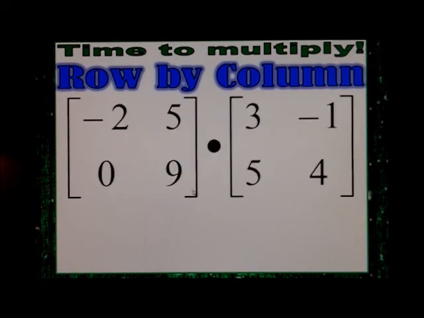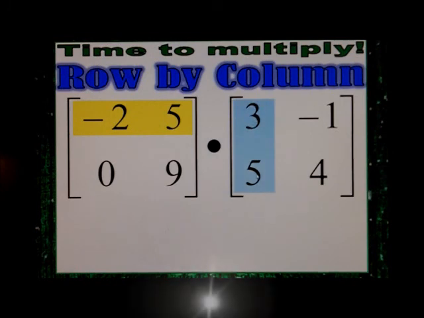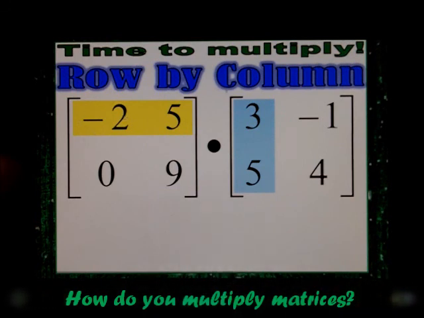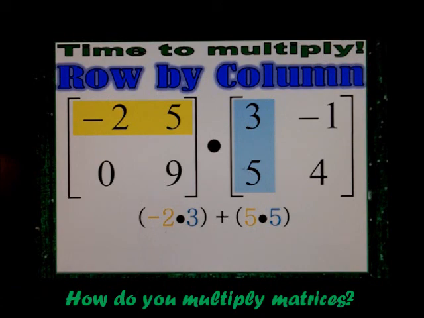Okay, so here we go. We're going to multiply row by column. That means we multiply this row by this column in this particular way. You take -2 times 3, and you take 5 times 5. You see down here exactly what I'm doing. You take -2 times 3 and 5 times 5, and what you do with those two results is add them.